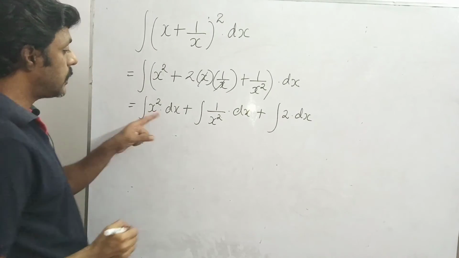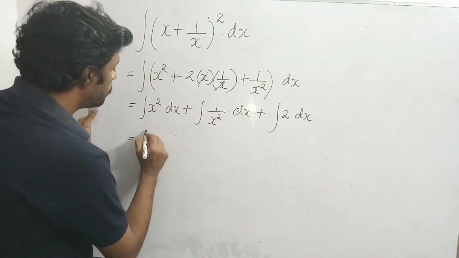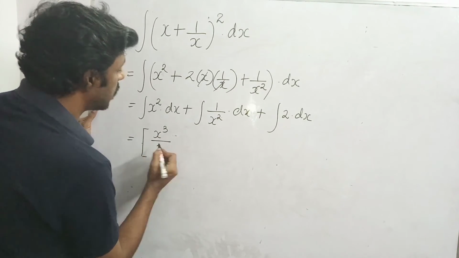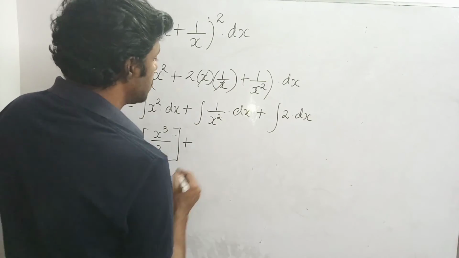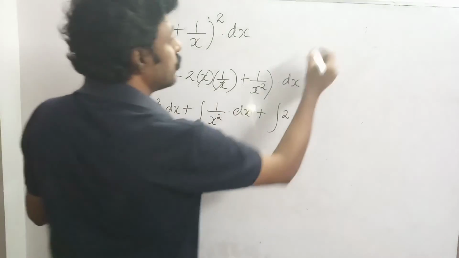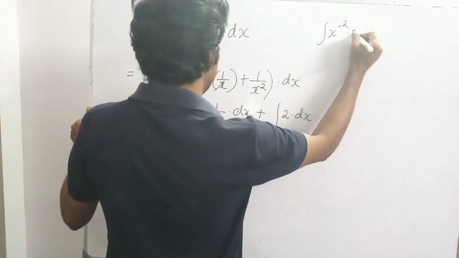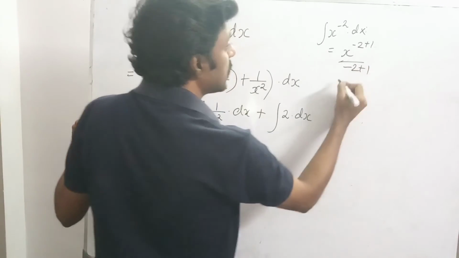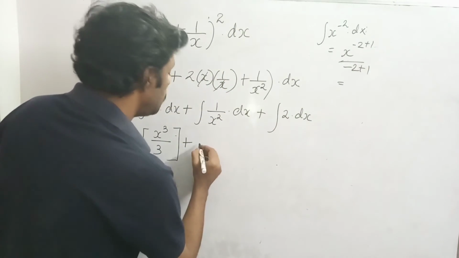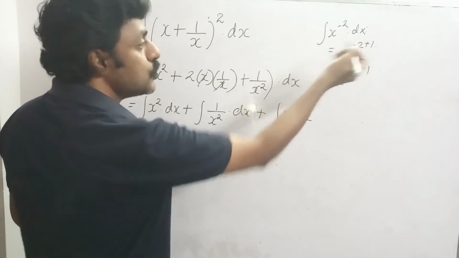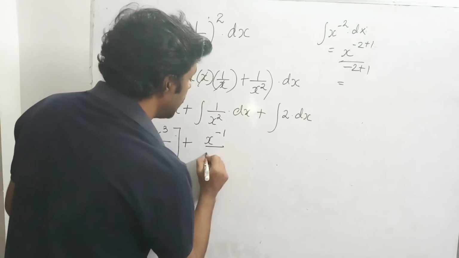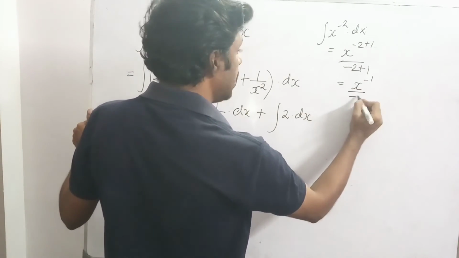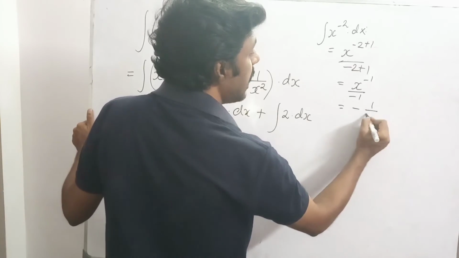So what will be the result for this one? The integral of x square will be x power n plus 1 by n plus 1, and then the integral of x power minus 2 into dx will be x power n plus 1 by n plus 1. So it will be x power minus 2 plus 1, which is minus 1, divided by minus 1, which is nothing but minus 1 by x.